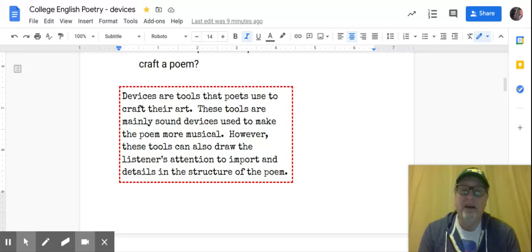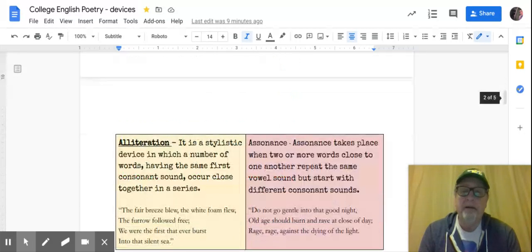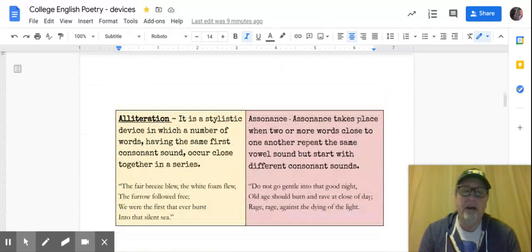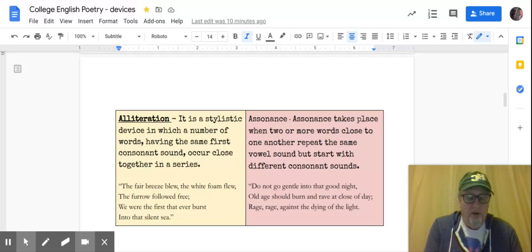So you can look at this. The first two I want to look at are alliteration and assonance. Alliteration is a stylistic device in which a number of words having the same first consonant sound occur close together. We're going to write about a long poem later on in the semester, in a couple of weeks probably, The Rime of the Ancient Mariner.